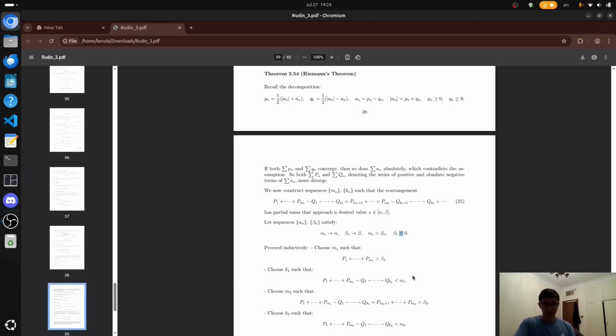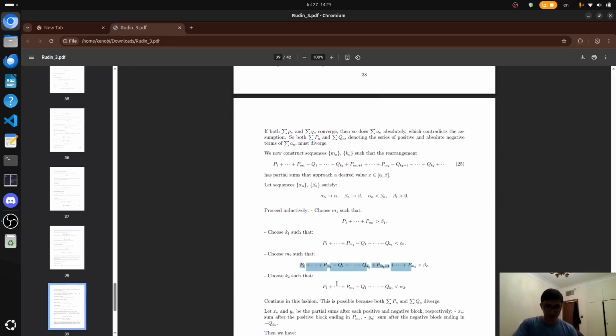And now you're just going to alternate between the inequalities, setting this greater than this, less than this, and alternating like that. So that when you alternate like this, you're going to get that this is bounded between something and something else. And that's how you get that the lim infimum is going to get you to alpha, and the lim supremum is going to get you to beta. Just like that and like that. This is possible because both sum Pn and sum Qn can diverge.